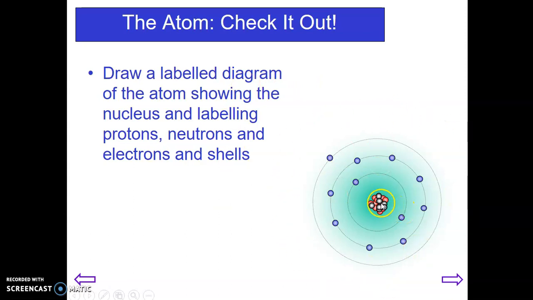He talks about 2 gangs hanging out in the middle of the neighbourhood, which he refers to as the pros and the new boys, and he talks about the other negative gang that circles the neighbourhood, which he calls the elected ones. That's how he gets his friend to remember the names, because the pros in the middle are the protons, the new boys in the middle are the neutrons, and then the elected ones round the outside are the electrons.